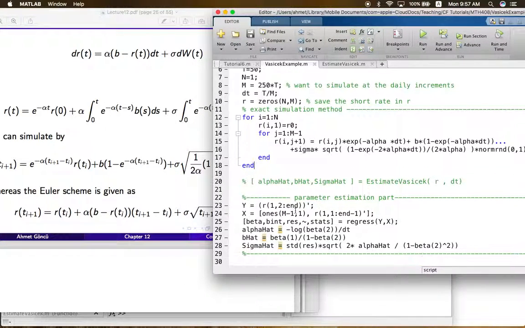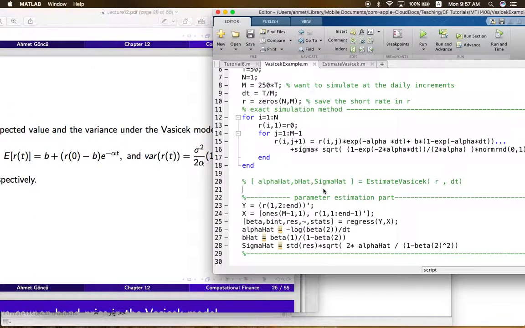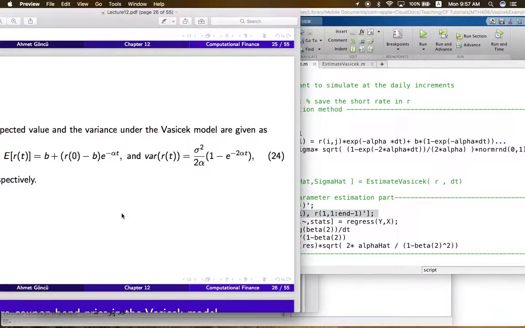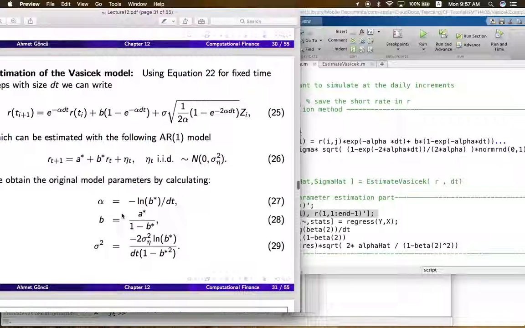values r. And then I would like to go back and estimate the original parameters from my simulated data. So how can we do that? Once I simulate r, I want to assign this as my y, and my x is given here. Let me go to the parameter estimation part.